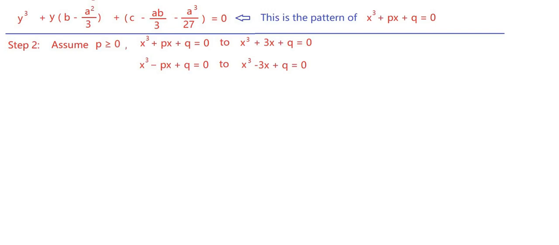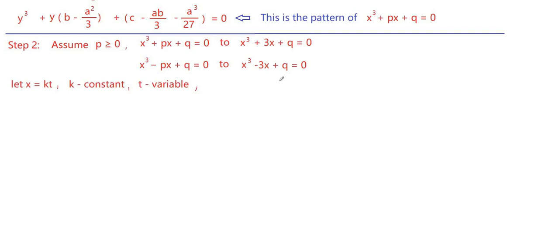Exactly. Step 2. Assume p greater than 0. We have two cases. One is positive over here, one is negative over here. And we will convert it to different 3x cases. For example, we can let x equal to kt. Here, k is a constant, t is a variable.